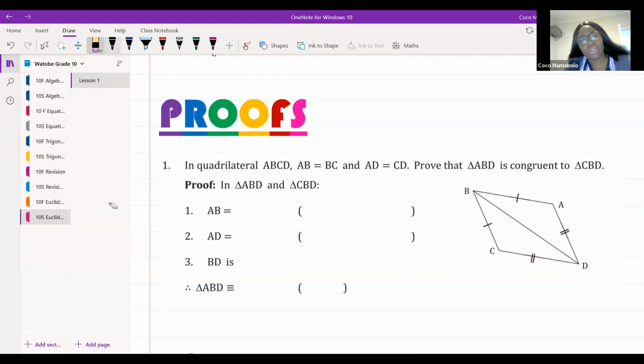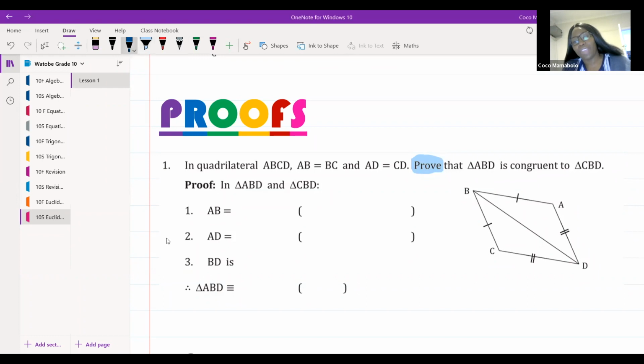Okay, now it says prove. It says prove, which means we're proving something, guys. We can't just say, yeah, but ma'am, they're congruent. No, we must prove that they're congruent. Okay, but the way we prove it is always going to be in the order in which they give us our triangles. So when you guys are writing them down, you also need to write them in the correct order. Now, I want you guys to watch what I'm about to do.